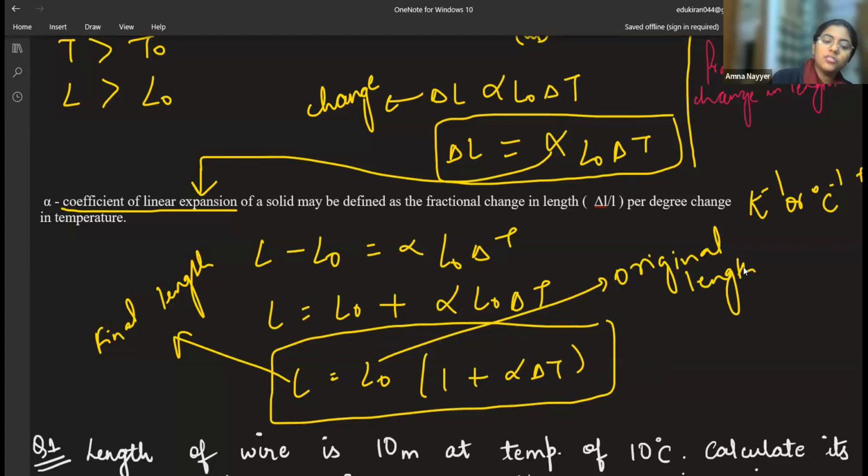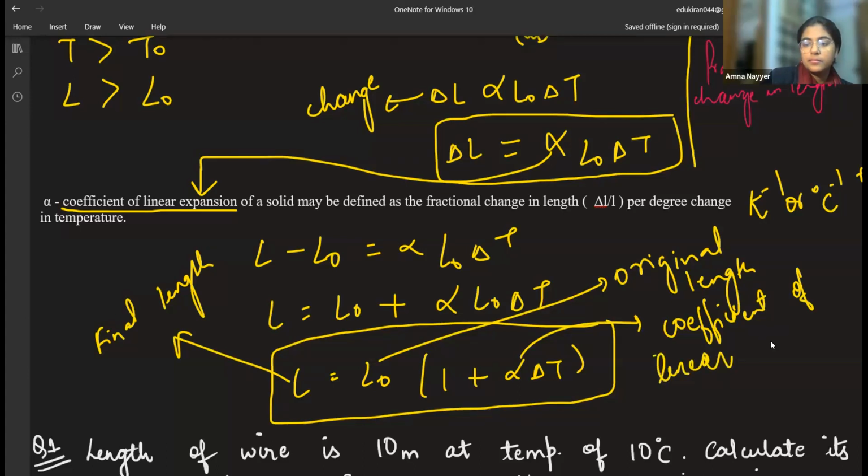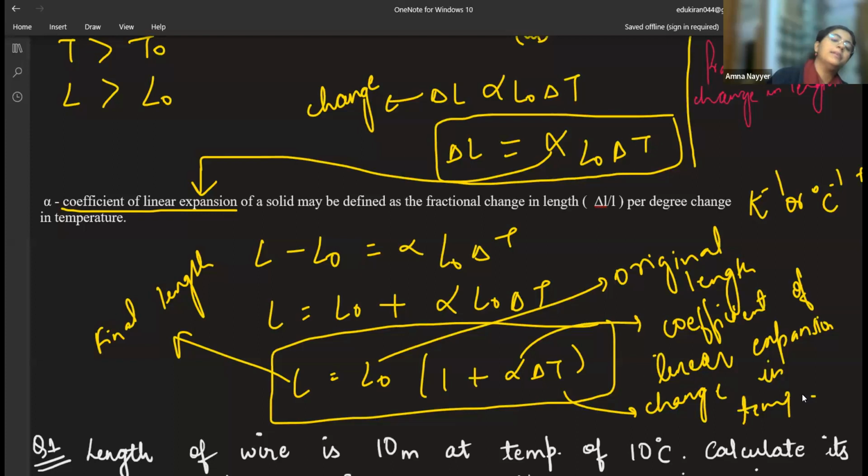Alpha is the coefficient of linear expansion. Delta T is the change in temperature. Clear? This formula is also used. Both the formulas are the same. It's just that we have substituted the value of delta L and obtained it.